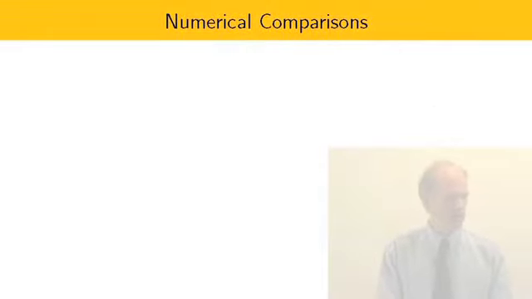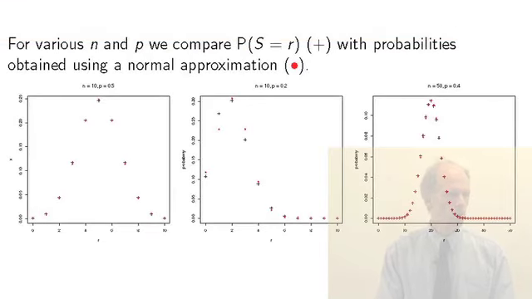Okay, so let's just do a few comparisons to see how well the normal distribution approximates the binomial. And for various values of n and p, we're going to compare the probabilities for the binomial distribution, taking a value r, with probabilities obtained using the normal approximation.